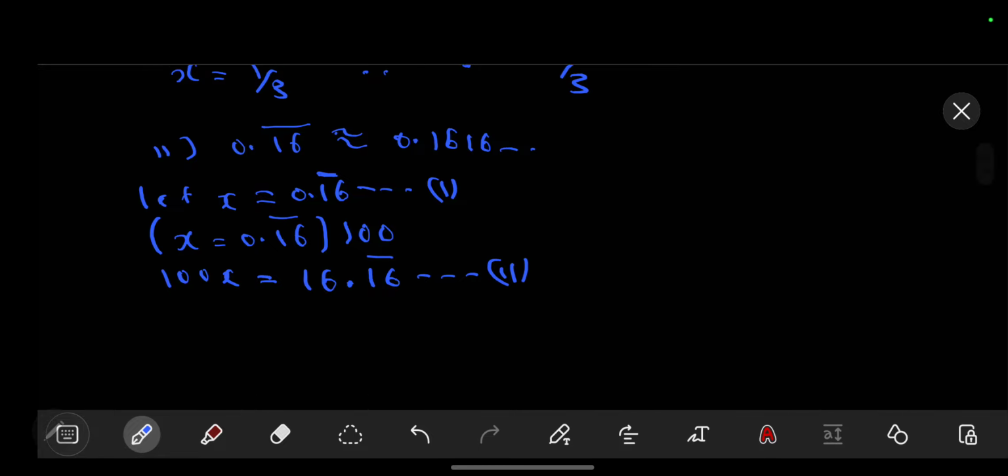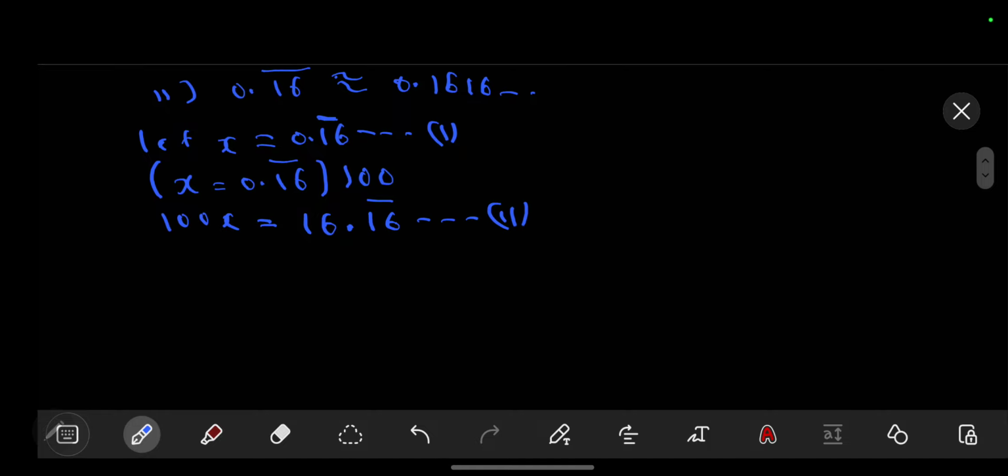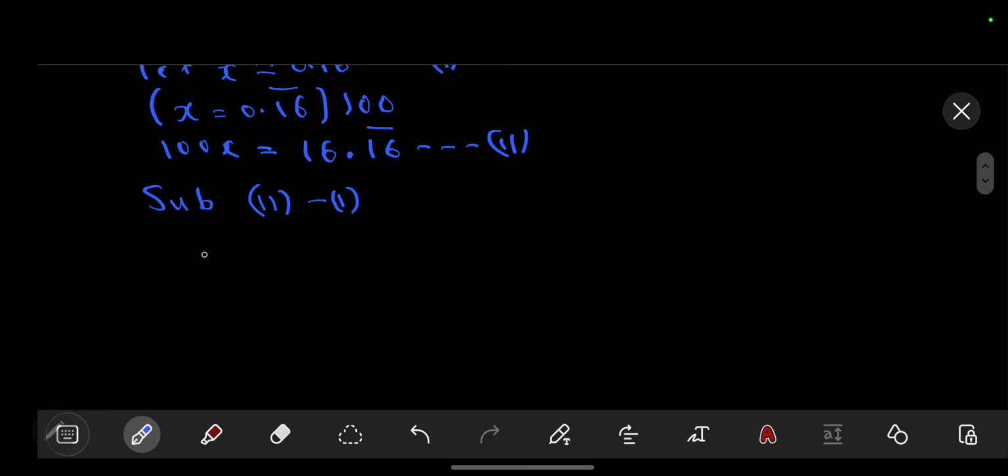Then from here, what we are going to do is subtract the second equation minus the first equation. So when we subtract, what do we have? We have 100x equal to 16.16 bar.